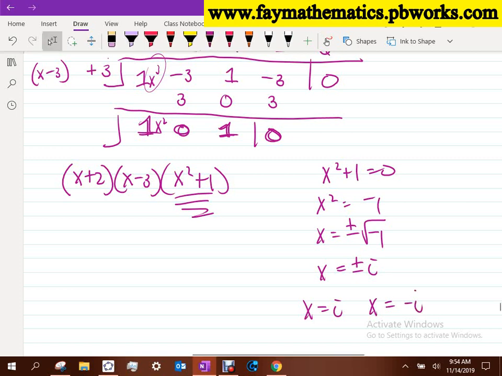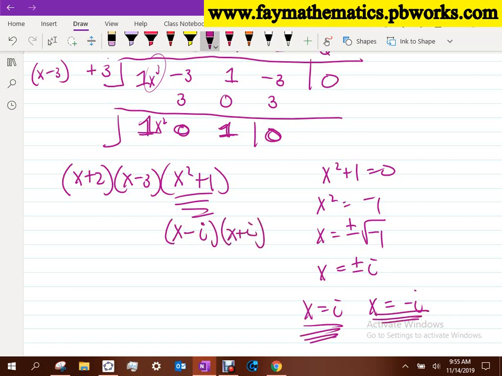We introduce a human invention that I is equal to the square root of -1. So x squared plus 1 can still be broken down to linear factors. It's just now, if x is equal to I, what is the factor that I get? Yes, x minus I, and this one is x minus -I, which turns into x plus I.